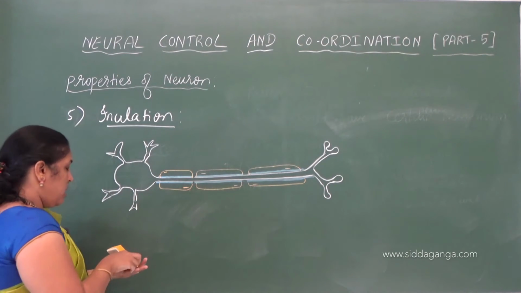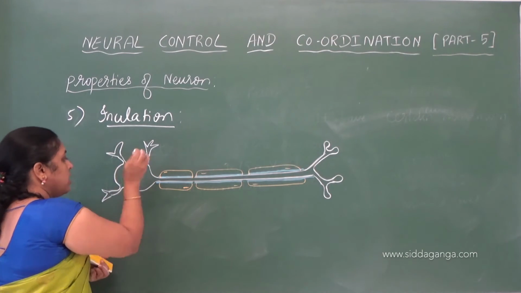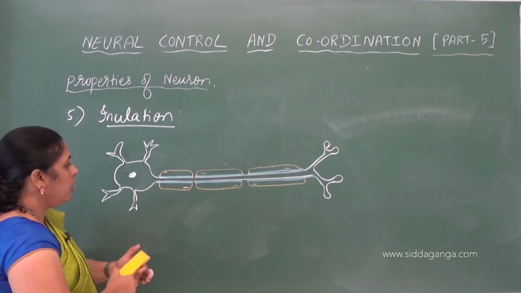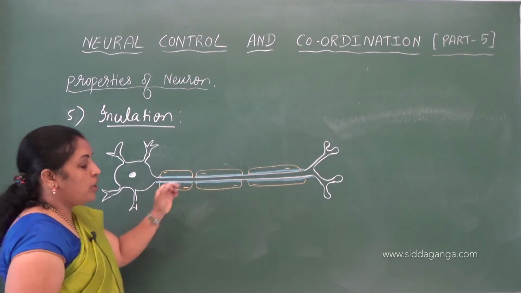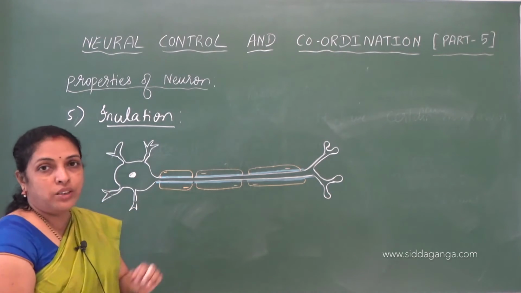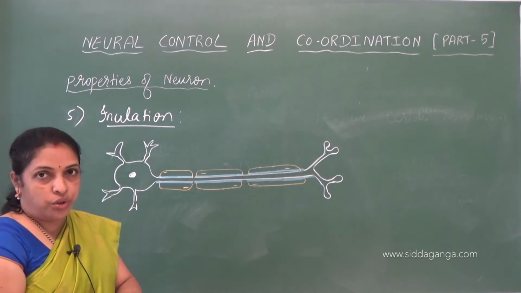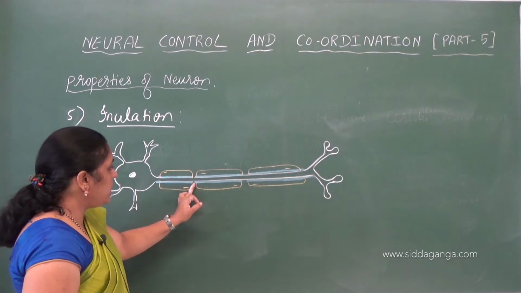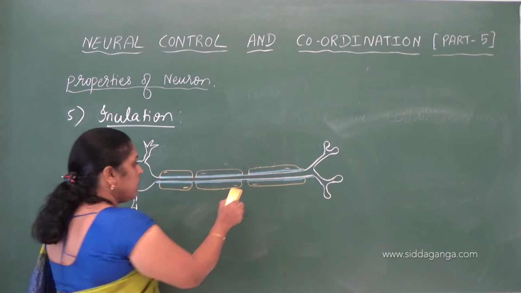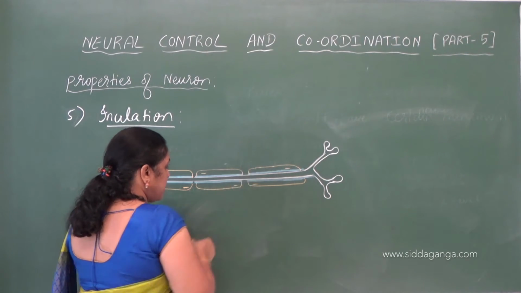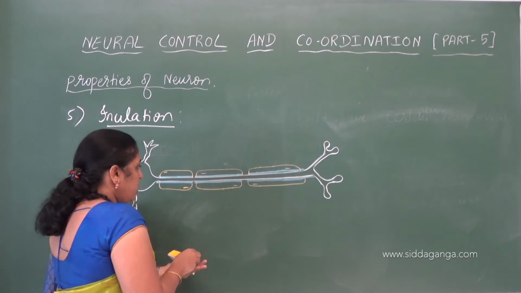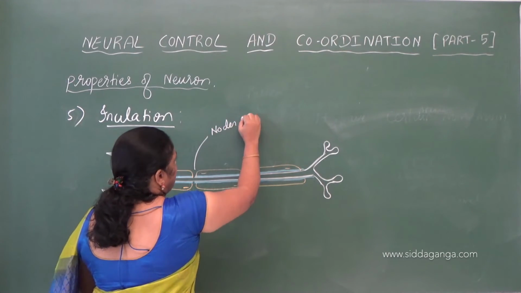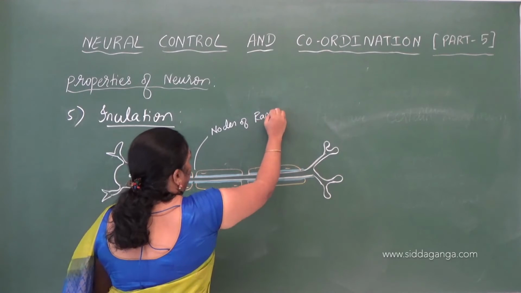This is the cell body, dendrons, axon terminal. The myelin sheath is present around the axolemma that helps in faster rate of conduction of impulse, and this myelin sheath is interrupted by Schwann cells. The junction between Schwann cells is called nodes of Ranvier.